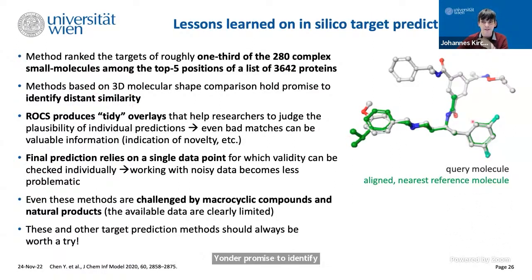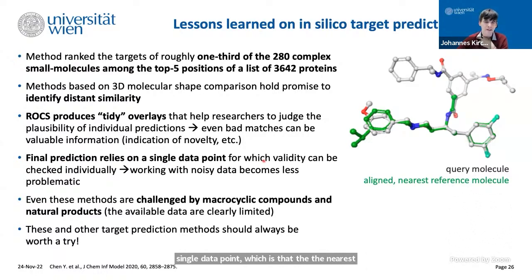And on top of that, you get these tidy overlays that you can interpret, and you nicely see the overlaps of hydrogen bonds, for example. And the interesting, good thing is also that the final predictions rely on a single data point, which is the nearest neighbor in the data set.